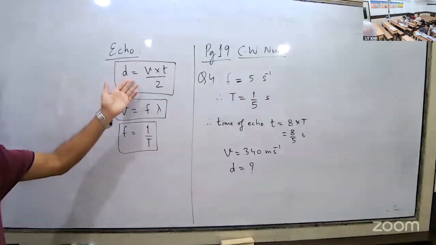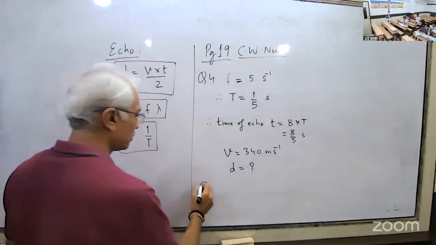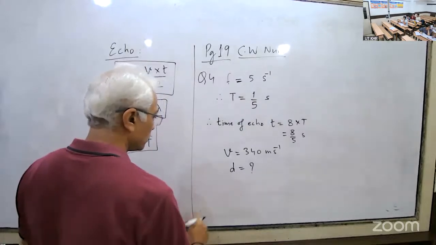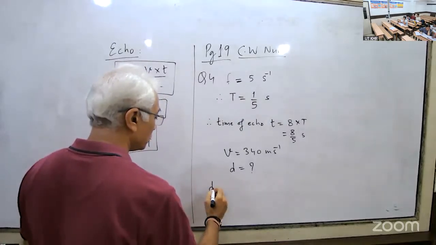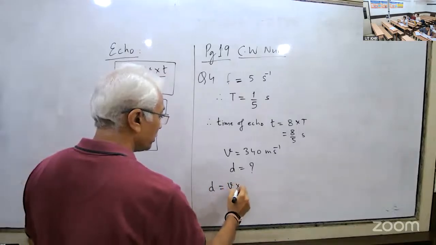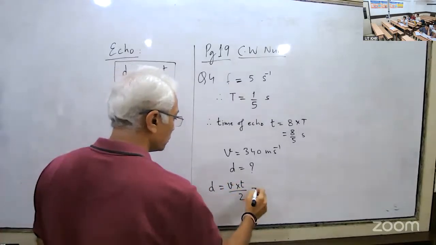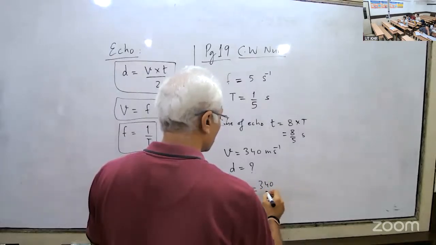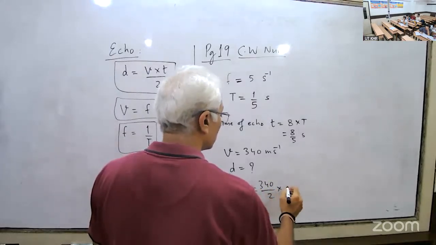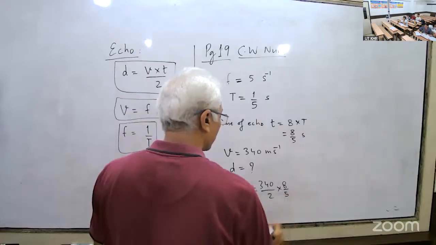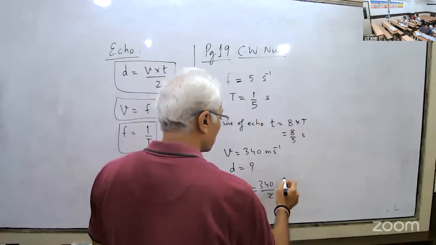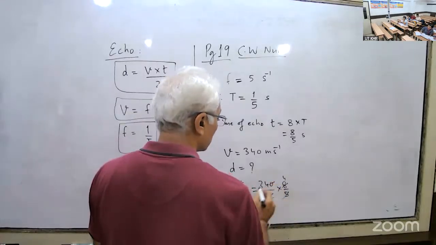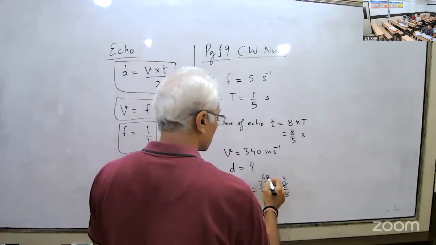So what is the formula for D? D is equal to V into T by 2. So what is it? 340 by 2 into 8 by 5. 2 fours are 8, 2 sixes are 8.